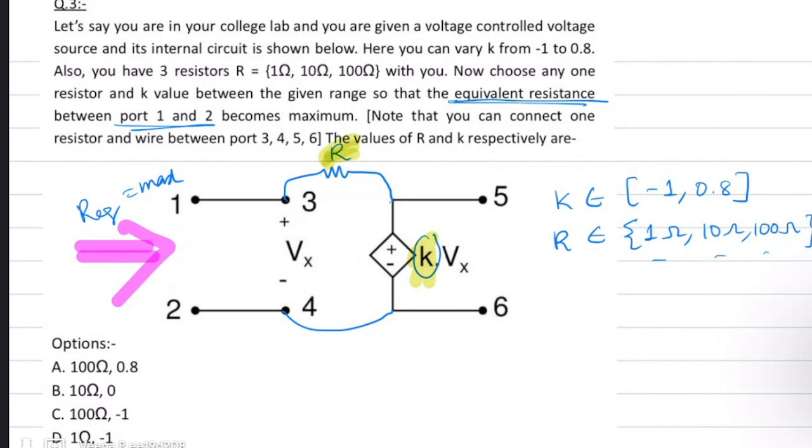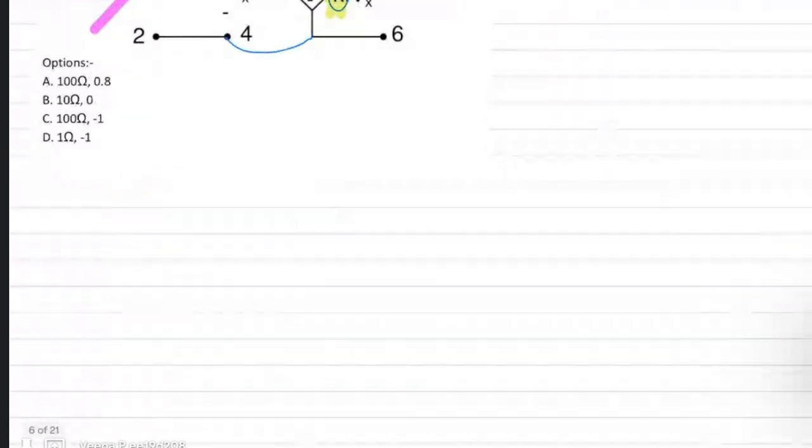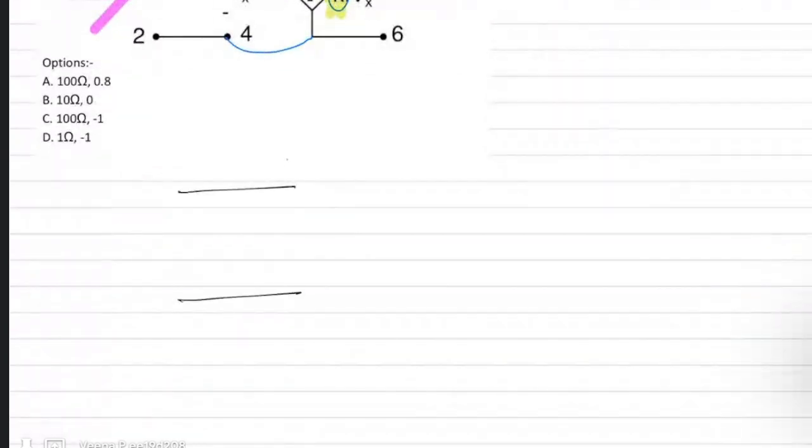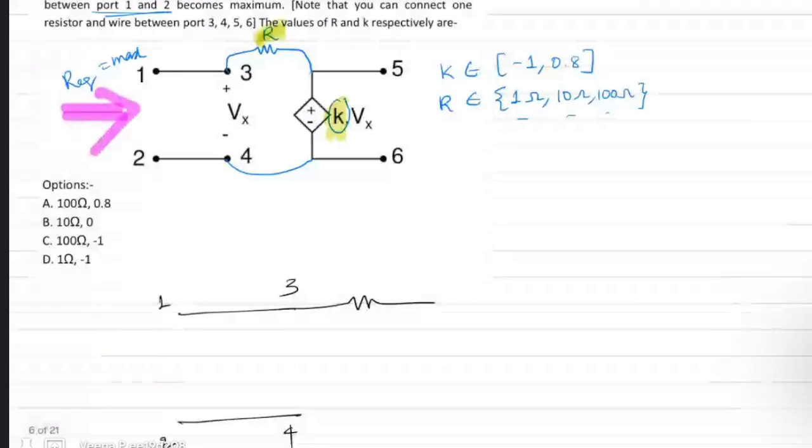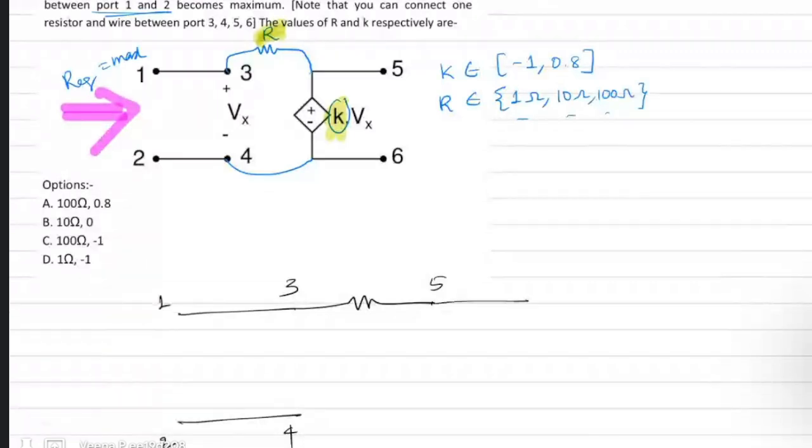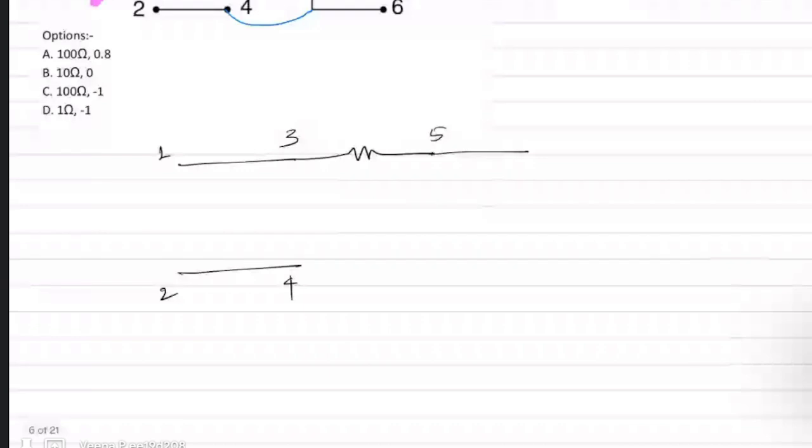Okay. So now you have the circuit. I will redraw the circuit. So this is your 3 and 4. This is your 1 and 2. So between 3 and 5, I am connecting a resistor, and 4 and 6 I am shorting.